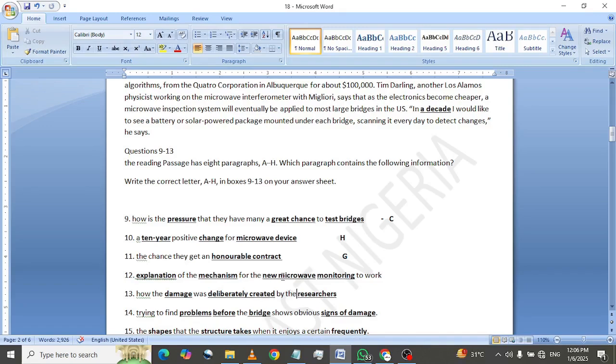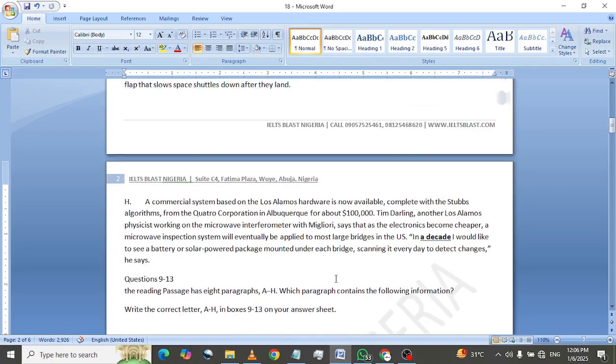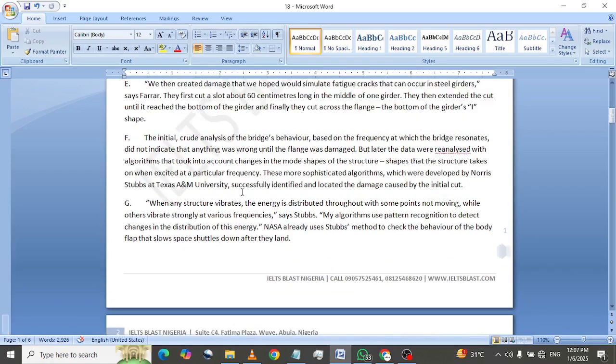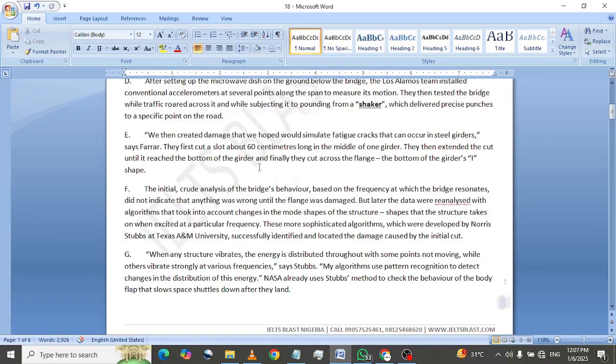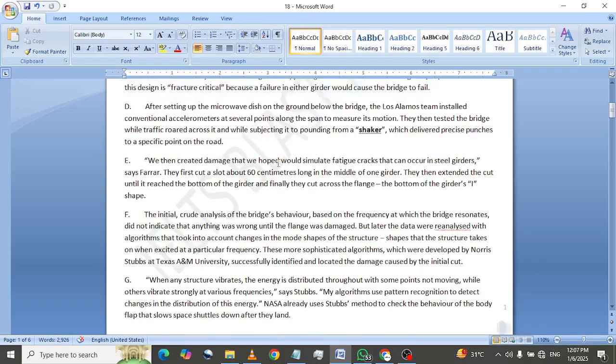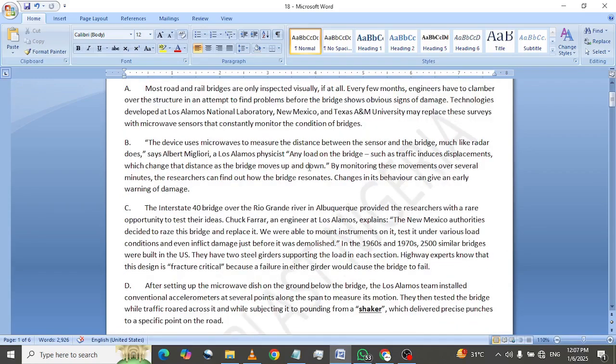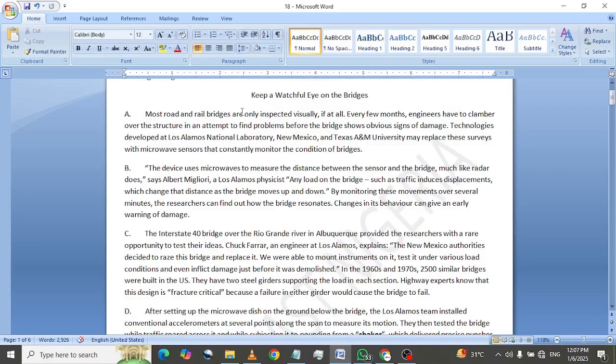So let's check something that has to do with microwave monitoring. Okay, it's not here. G is not it, this one is talking about frequency. This one is talking about centimeters, it's not here. Okay, it's not here. Let's check from A.